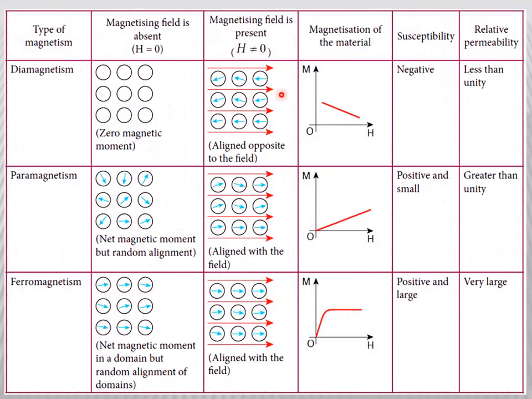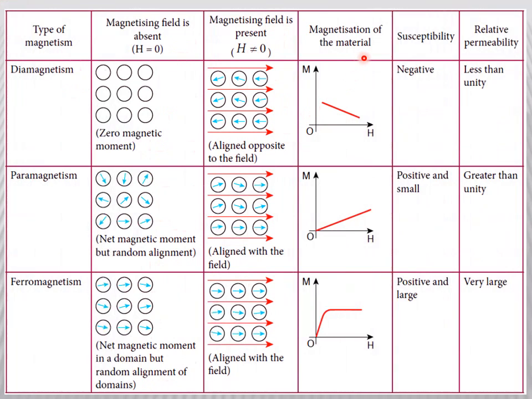When the magnetic field is present, that means H is not equal to 0, in diamagnetism the moments are aligned opposite to the field. But in paramagnetism it is aligned with the field, and in ferro also it is aligned with the field.